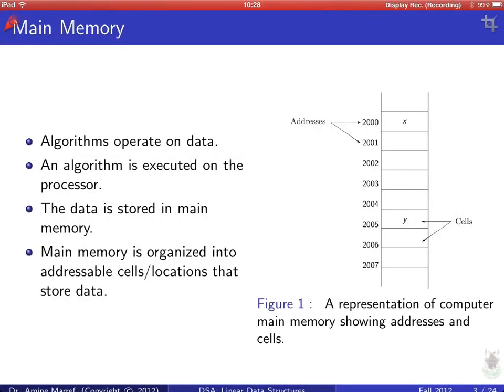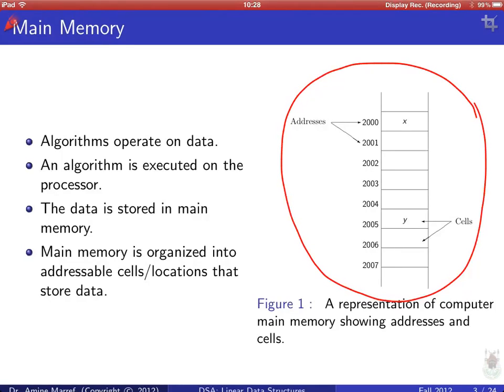So if two pieces of data are adjacent to each other in the array, they are also going to be next to each other inside main memory. This is why we also call the array a contiguous data structure, because elements are continuously one after the other, and the same continuity is reflected in main memory.